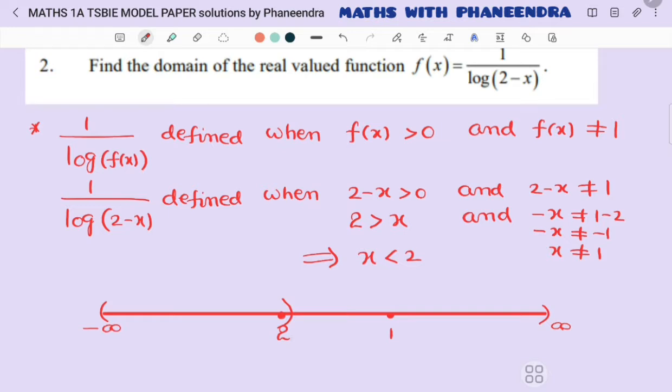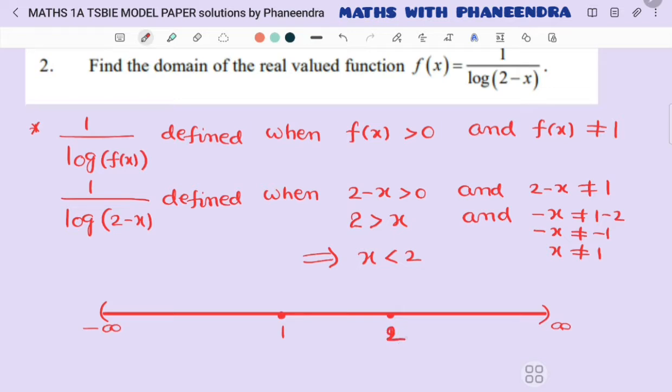In this, x is not equal to 1. One minute, the places I changed a little bit. Here 1, here 2.